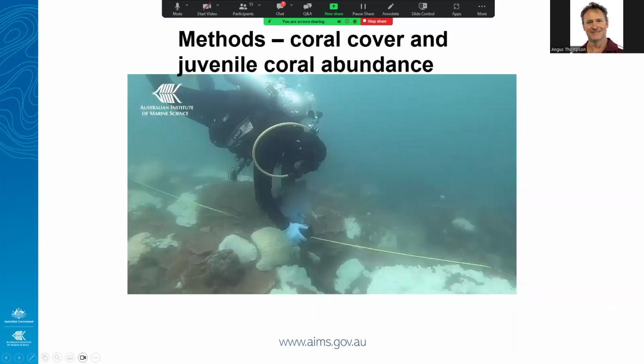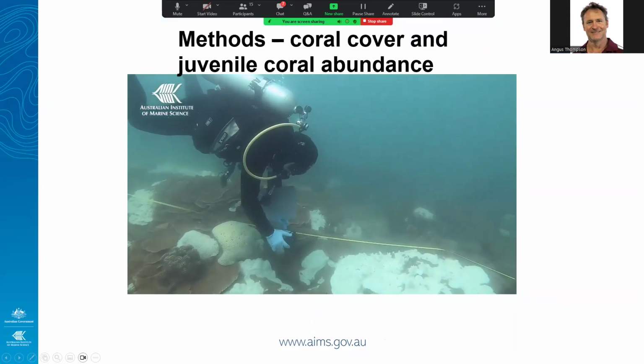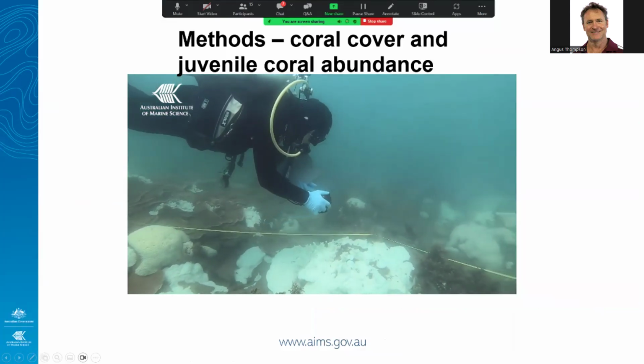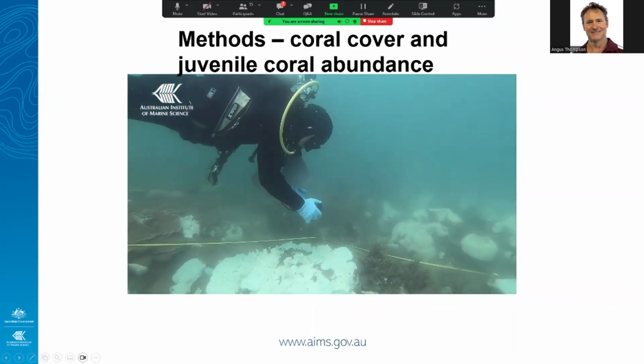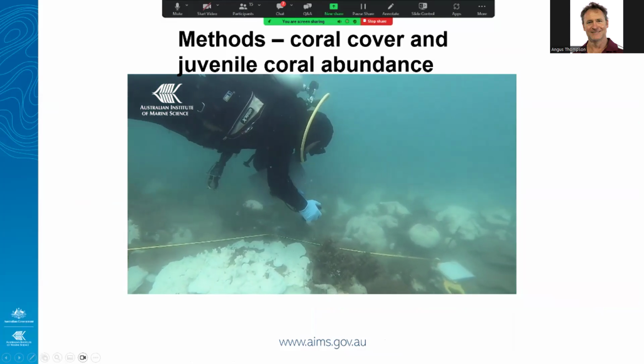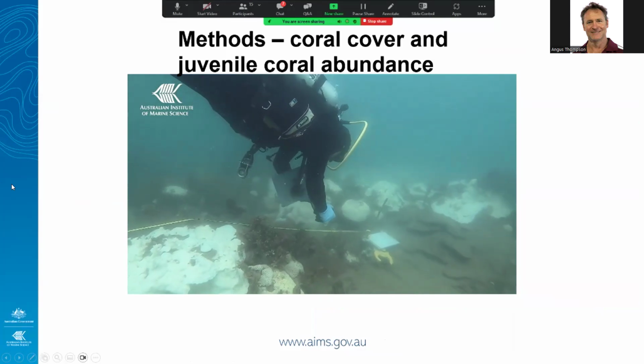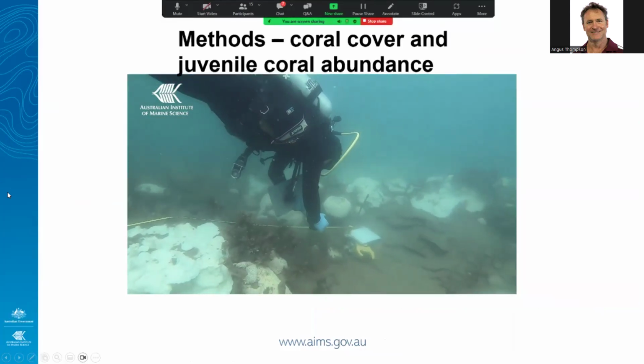Our monitoring is primarily done by photo transects that we take along permanent sites that we have marked out on the reefs. If you see some little pieces of star picket or something in the reefs when you go on your field trip, that might be us. And these transects let us build up a picture of the coral community.